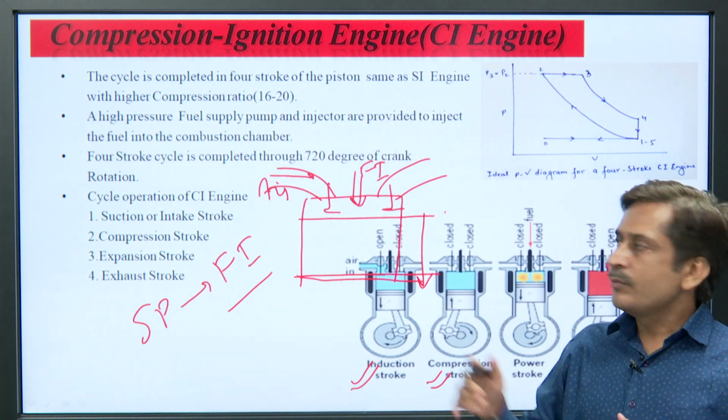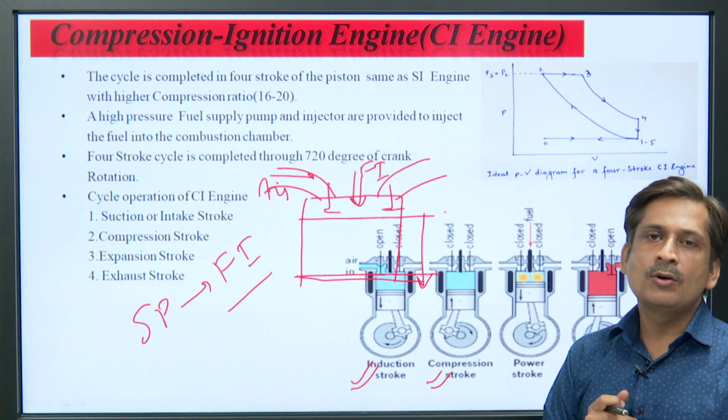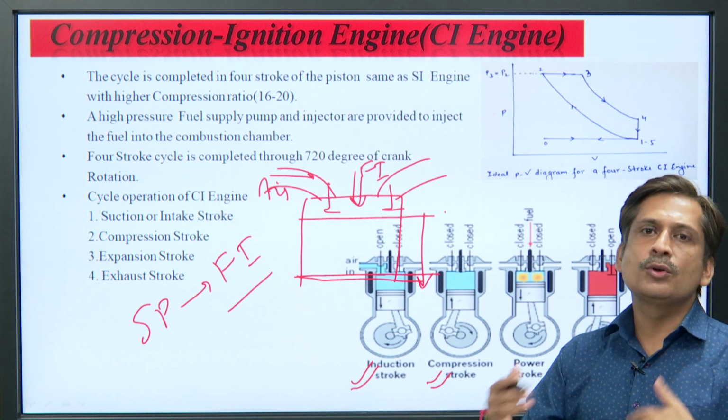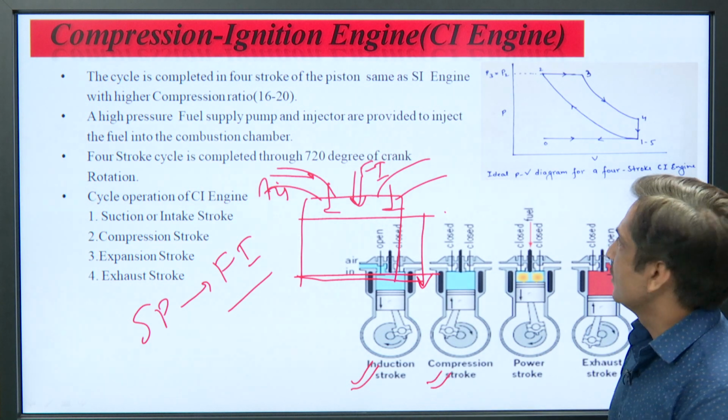Suddenly, because the temperature here is very high, of the order of 400 or 500, it gets auto ignited. So, the CI engine is also called an auto ignition engine because there is no spark plug.